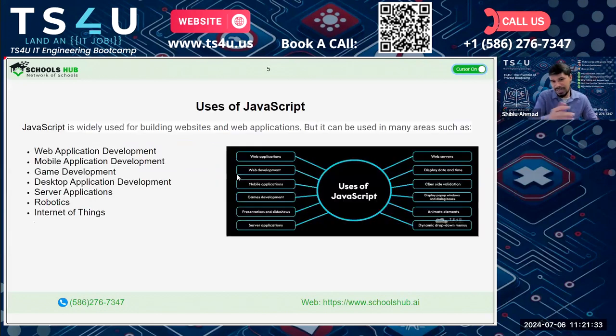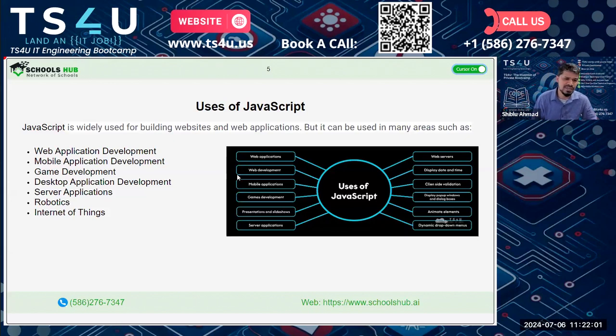As mentioned, JavaScript is used on the front end, which is the website, and on the back end, which is the business logic, right? And mobile app development, desktop application development, server side, which means back end. Robotics, or anything where you build a device, you can call it embedded, but of course, a device also needs an interface, so JavaScript can be used for that.